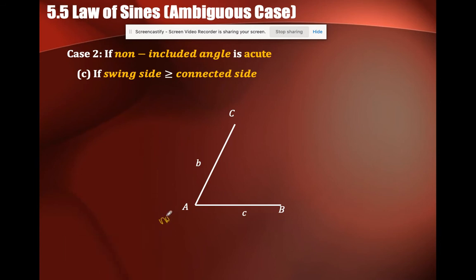Here's my non-included angle that is acute. Here's the length, the side that I was given that is connected. And now I'm going to draw my swing side. If my swing side is longer than the connected side or equal to it, there's my height, but I'm not comparing to my height.